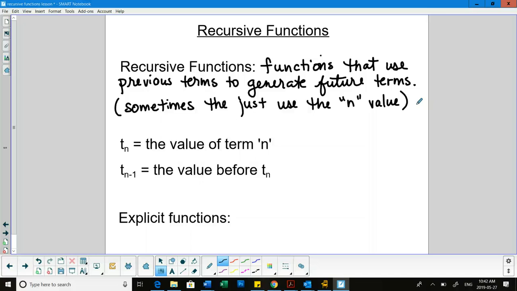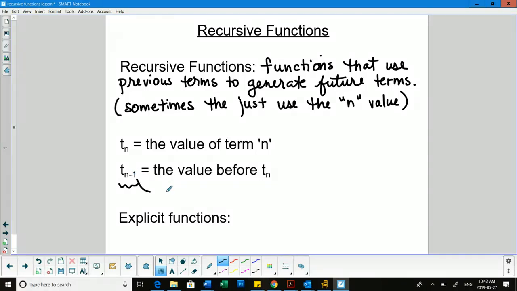Okay, so we have been introduced in our previous equations to Tn, which is the value of term n. So if we see T10, it's the value of term 10. What we haven't seen yet is this little guy right here. If Tn is the value of term n, Tn minus 1 would be the value before term Tn.